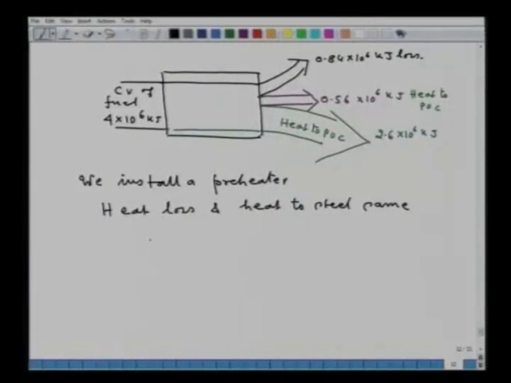So, you require the fuel when we recoup the heat, and let us consider the preheating efficiency epsilon equal to 0.5. So, now the fuel required would be only 51.85 kg.